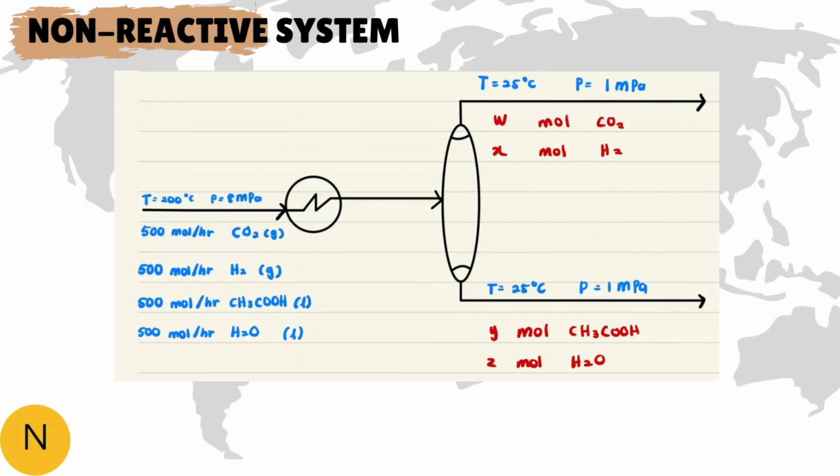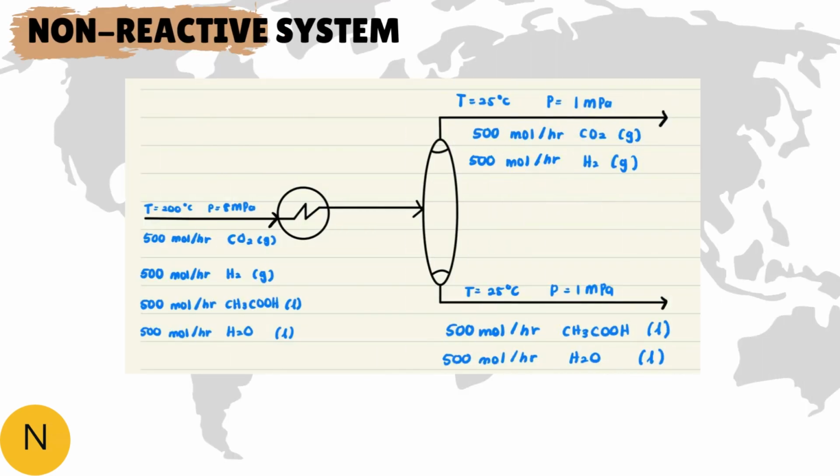This is for the principle of chemical engineering part, which is non-reactive system. Okay, so this is the simple diagram for non-reactive that we have created before this, and then this is the diagram to show you what we need to find, which is the value of output, which is W, X, Y, and Z. So this is the complete diagram after we calculate the value of the output, which is W, X, Y, and Z. As you can see here, the condition at the input is temperature 200 degrees Celsius, the pressure is 8 megapascal.